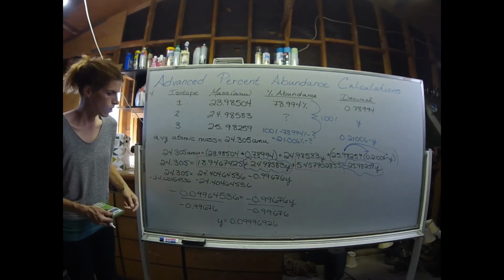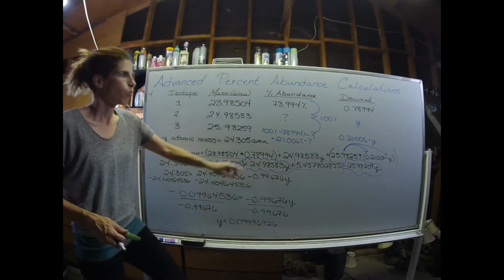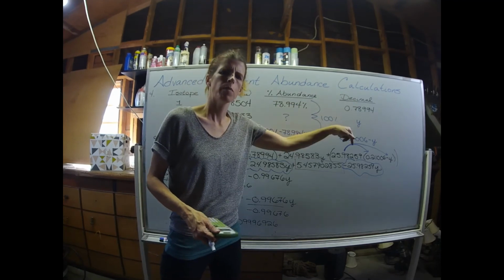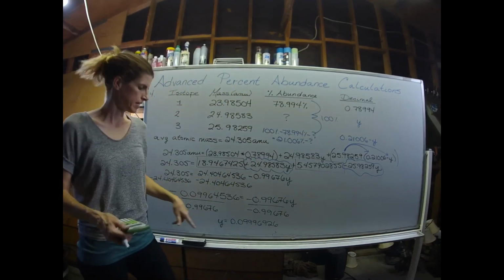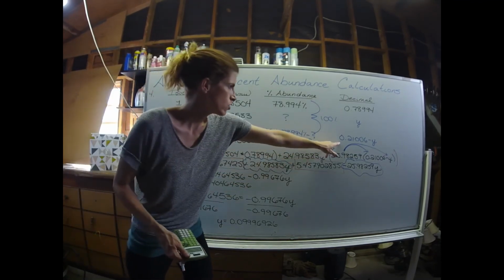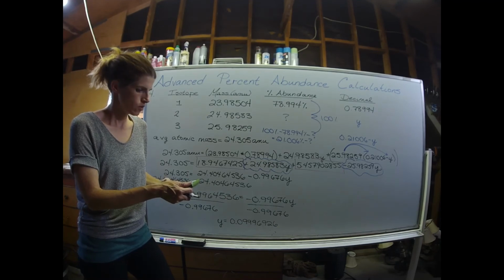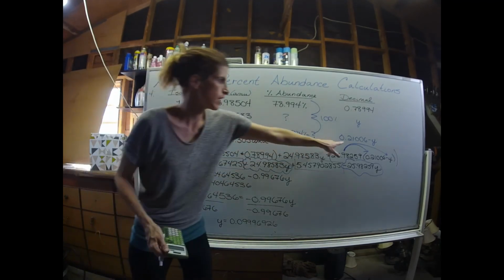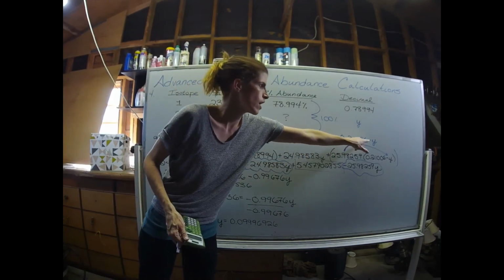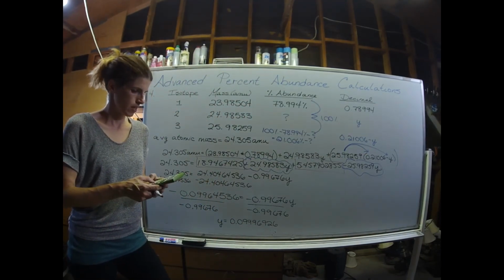Alrighty, so what I want to do right now is work on getting some of my decimal numbers, and then I'll go back and consider the sig figs. So I need to do 0.21006. I'm going to take this value here, and I need to subtract the y value that we just obtained.